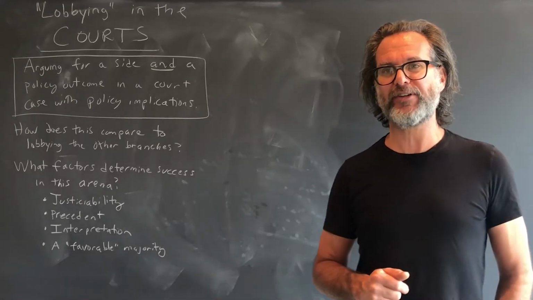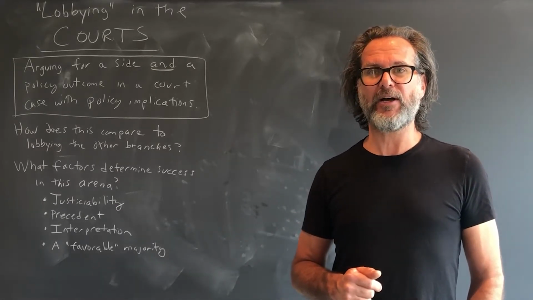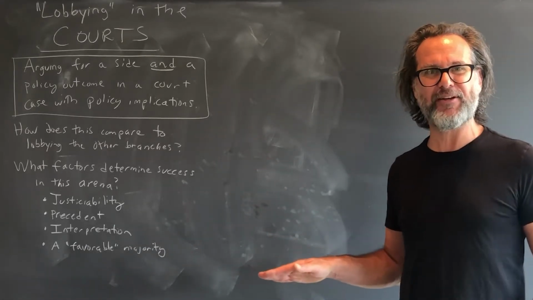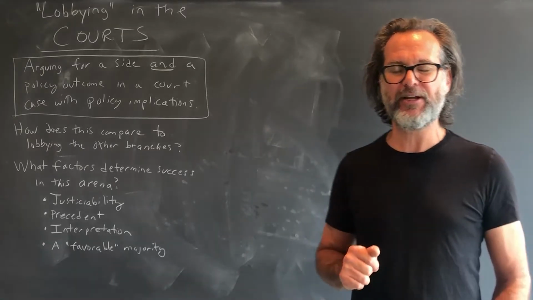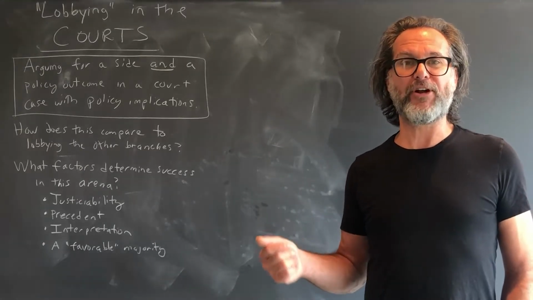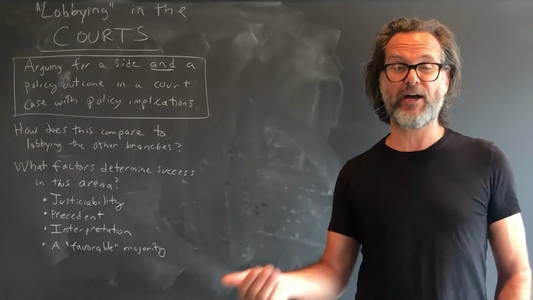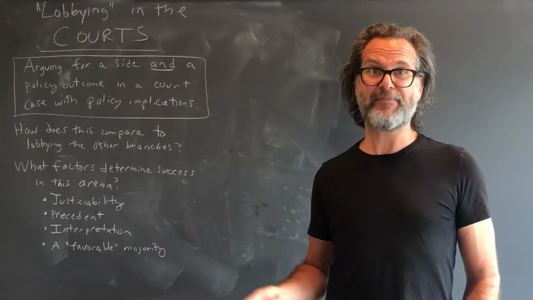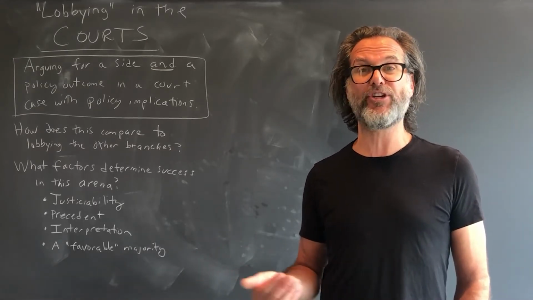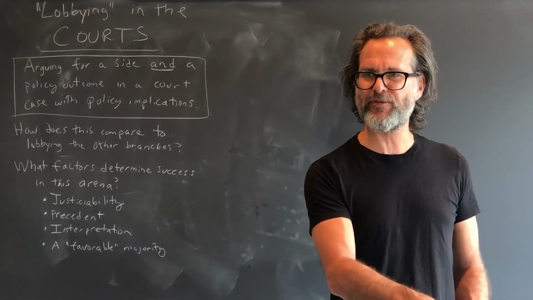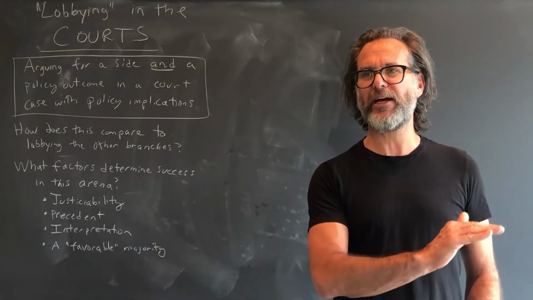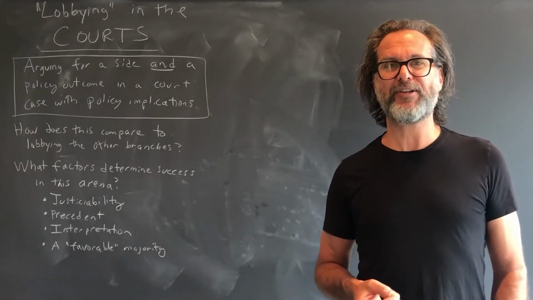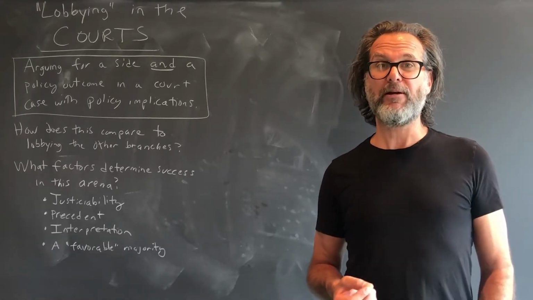And I talked about this 2 lectures ago, that there are many cases that, even when they go to appeals, are really mostly about how that case was handled at the bottom level of the 3-tiered hierarchy, not whether or not there are actual interpretations of the law or the Constitution that would give the court the ability to do something that has policy implications, to use an act of judicial review, not just to say, okay, that court screwed up and your criminal trial is null and void. That's a minor act of judicial review with no policy implications. So there has to be the opportunity for policy implications.